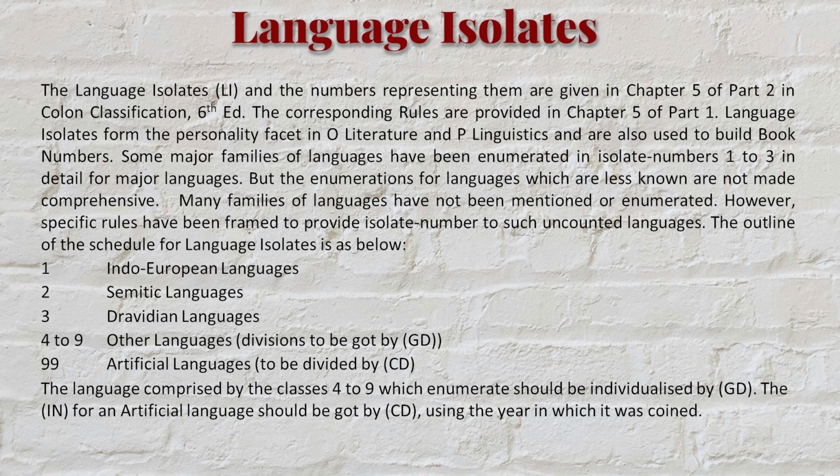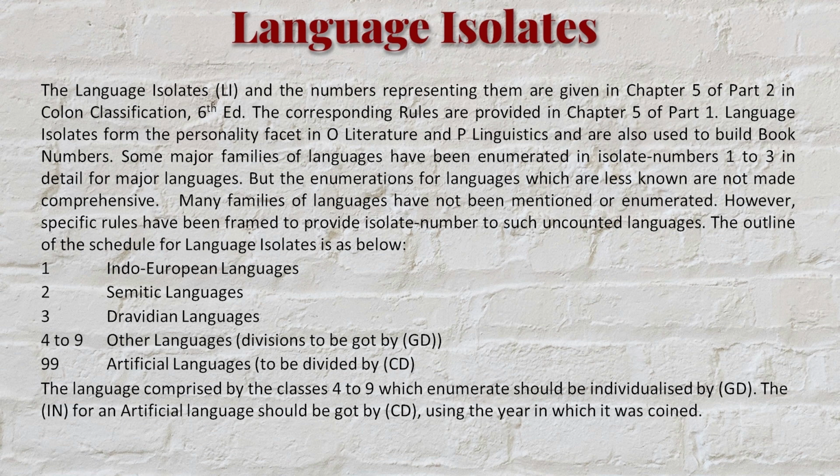The outline of the schedule for language isolates is as follows: 1 denotes Indo-European languages, 2 denotes Semitic languages, 3 denotes Dravidian languages, and 4 to 8 are used for other languages, and that is to be got by using geographical device. And 99 and its subdivisions are used for artificial languages, which are to be formed by chronological device.